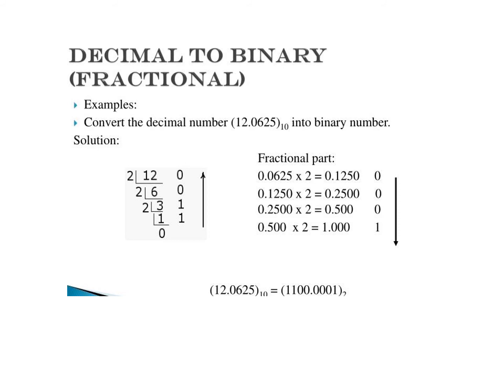If we find the 1, or we find a repeated continuation, we will stop the multiplication, and we note down the 1, and then we will note down the bits from upward to downward. So 0001, then the whole number becomes 1100.0001.